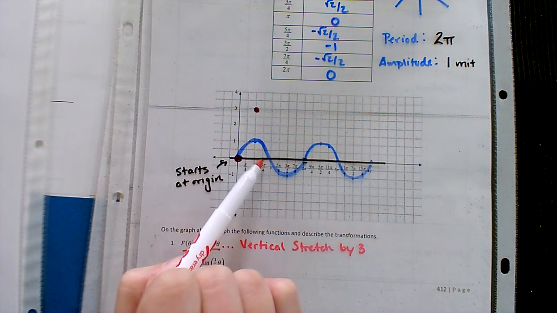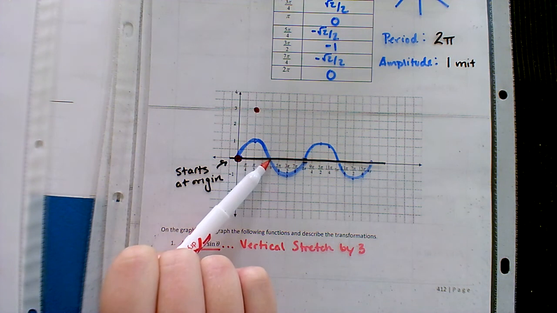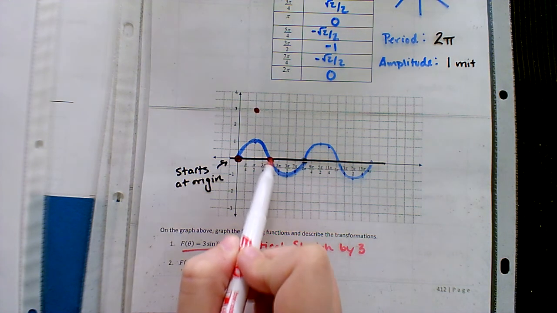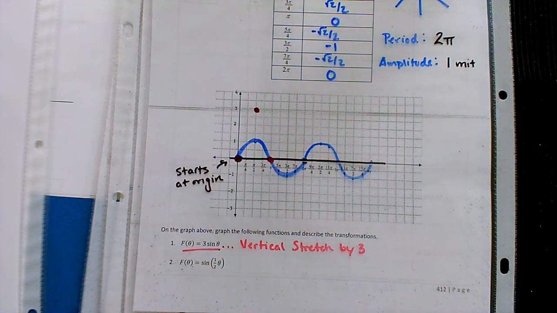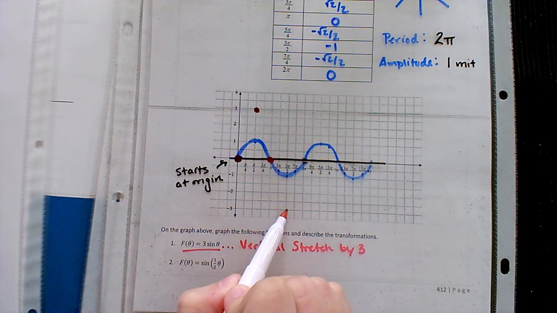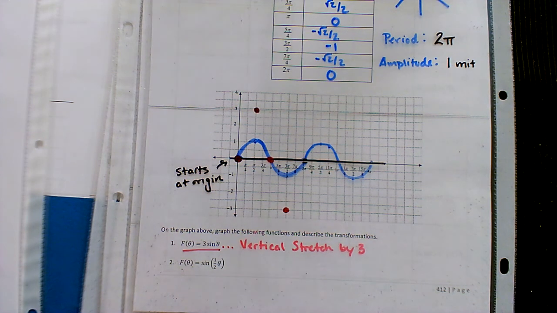The next easy point to do is probably pi, because we're on the x-axis, which has a y value of 0. So if you multiply that by 3, that one's not going to move. The next easy one is probably this -1 height, multiplied by 3 would move it down to -3.